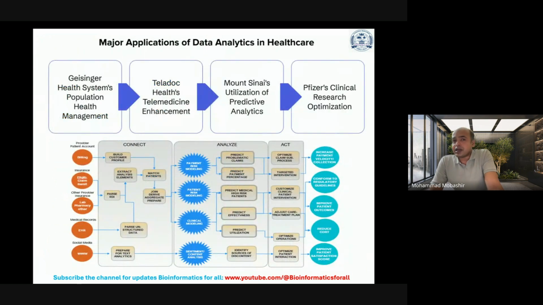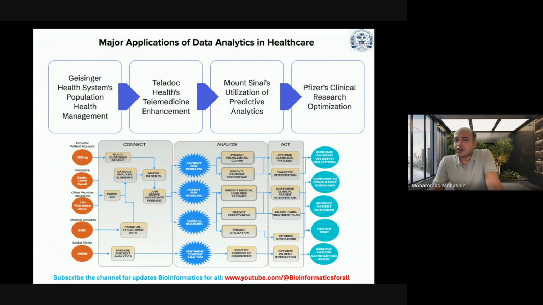Now, major applications of data analytics in health sectors. These four things on the top are the real application of data analytics in healthcare. For example, Kaiser health systems include extraordinarily the data analytics approach for population health management.